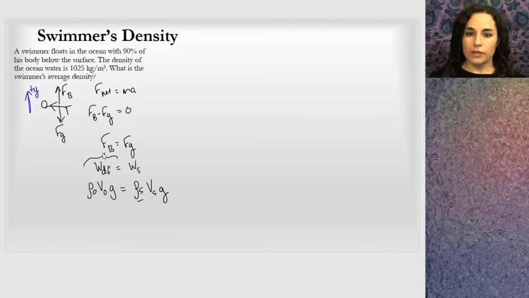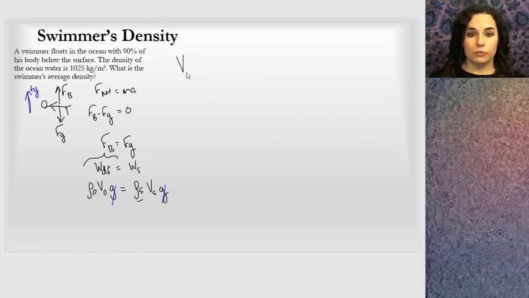Okay, so gravity cancels on both sides, and then I also need to incorporate the relationship between the volumes. It says a swimmer floats in the ocean with 90% of his body below the surface. So that's how much fluid has been displaced.